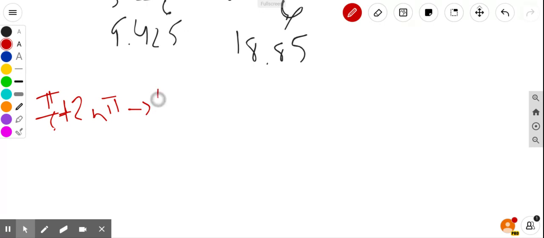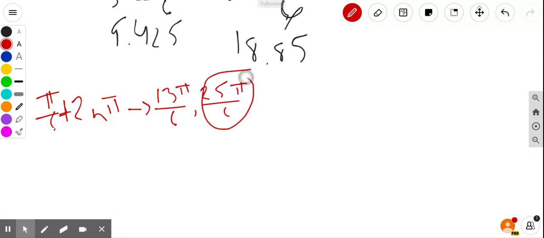Adding 2 pi, it would give me 13 pi over 6, which is less than 18, so that doesn't work. Do it again. We get 25 pi over 6. That could work. Do it again. We get 37 pi over 6. That won't work. So from the pi over 6 reference angle, I get one solution, and it's 25 pi over 6.